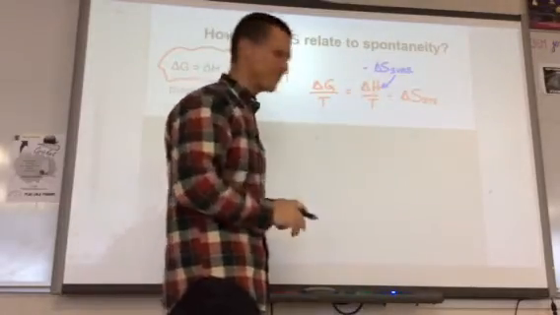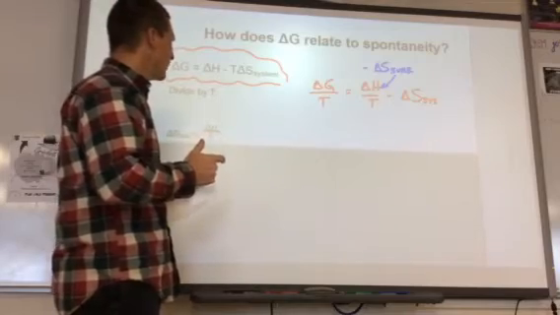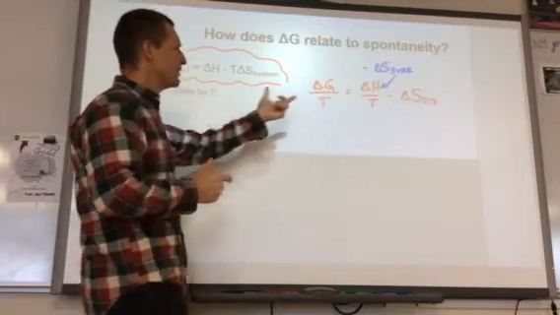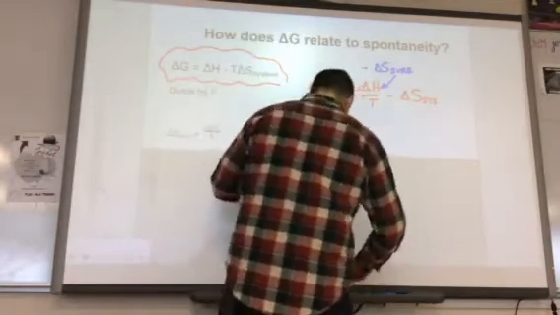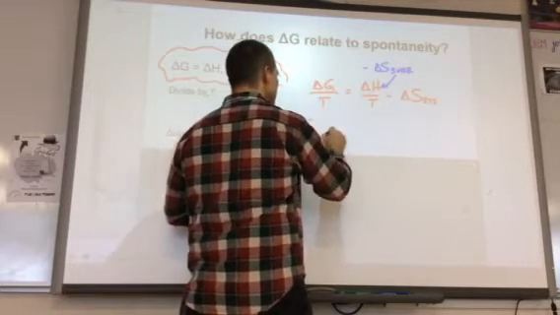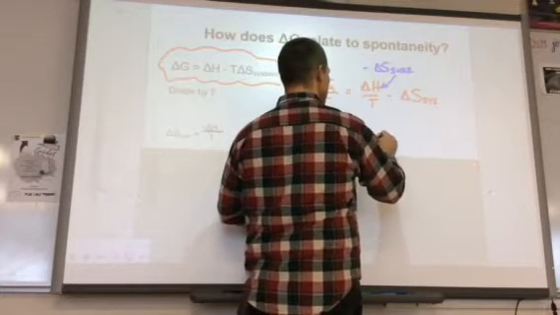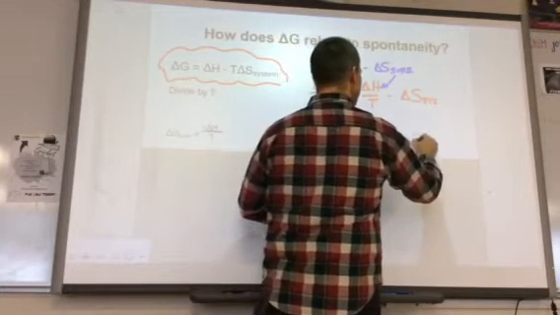Maybe you can even see where I'm going with that. Because the delta S of the surroundings is negative delta H over T, that means that delta G over T equals the negative delta S of the surroundings minus the delta S of the system.